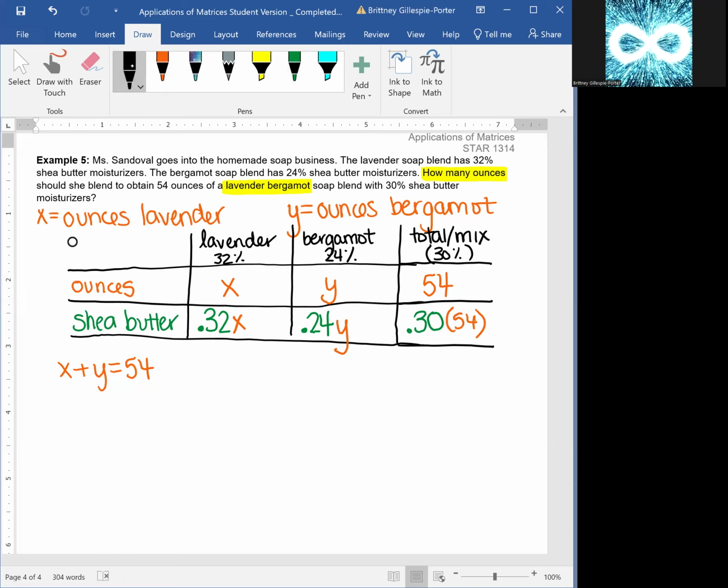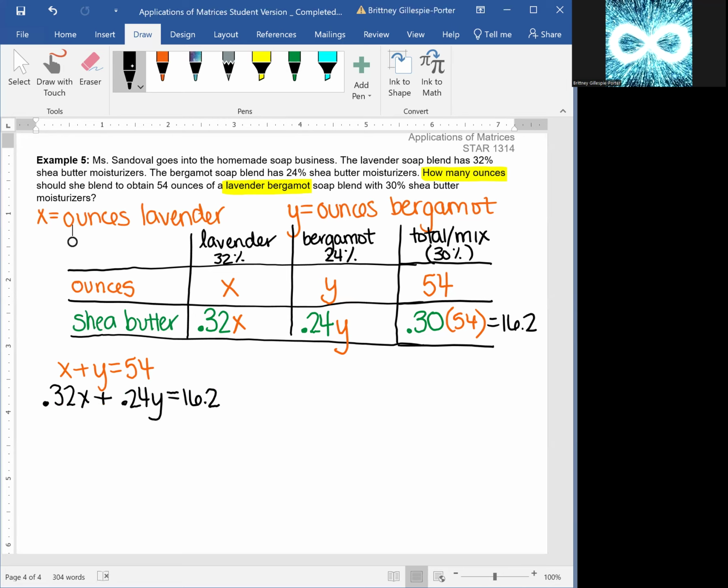When we take 0.30 times 54, we wind up getting 16.2, which means that we found our second equation. Same way when we combined with our ounces, we're going to have 0.32x, which is in our lavender column in the shea butter row, adding that to 0.24y from the bergamot. We're going to set that equal to 16.2.